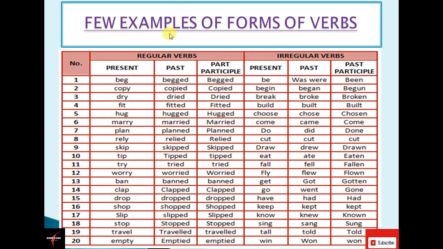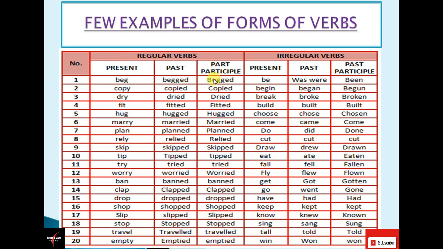Okay, you can check out these examples. These are a few examples of the forms of verbs: present, past and past participle. There are two columns actually. So if present is beg, past becomes begged, past participle also begged.